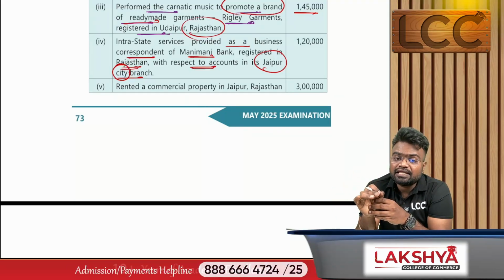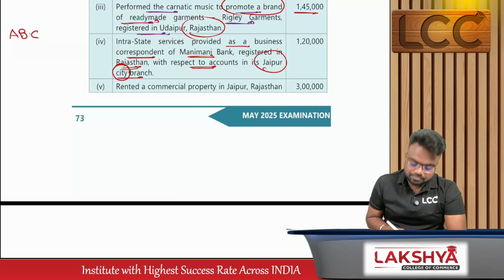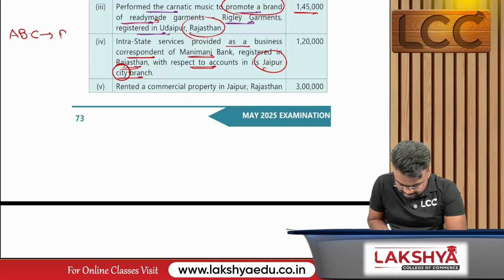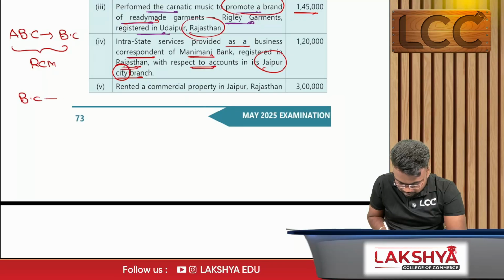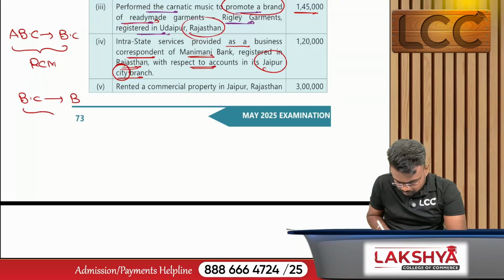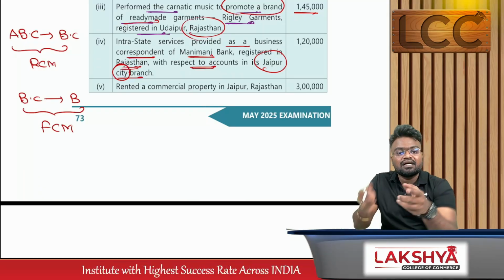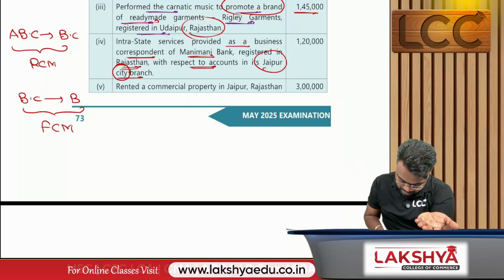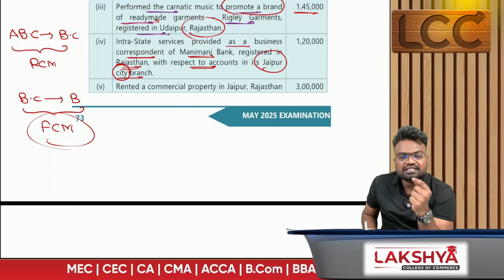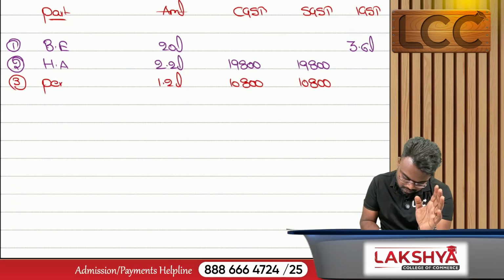RCM is applicable in case of agent of business correspondent to business correspondent. Business correspondent to bank, FCM is applicable. In the given case, the service is between the business correspondent and bank. Hence, what is applicable? FCM. On how much? 1,45,000.